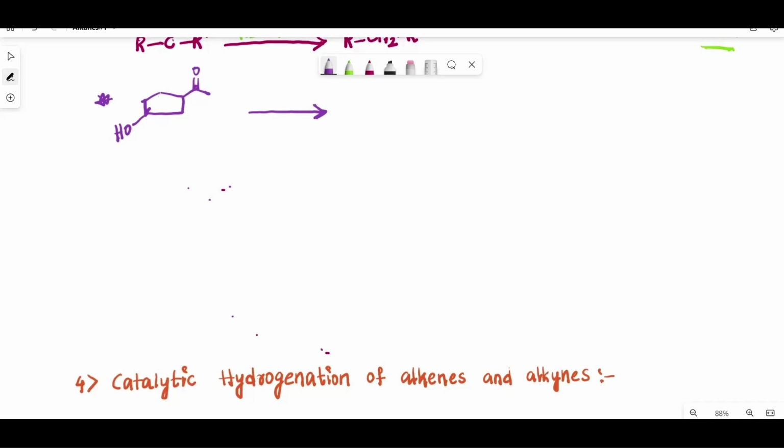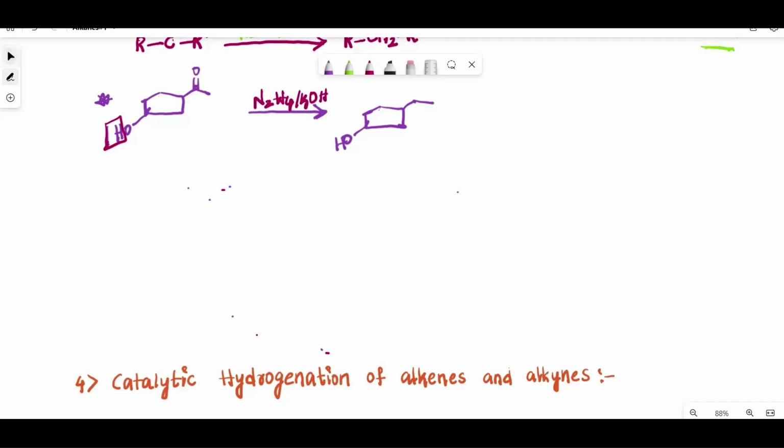Here in this example, we have to use Wolff-Kishner reduction because this substrate has one acidic hydrogen. It is an acidic hydrogen. So we should use Wolff-Kishner reduction, N2H4 plus KOH. Then we will get the product. Just remove this double bond O and we will get this product.